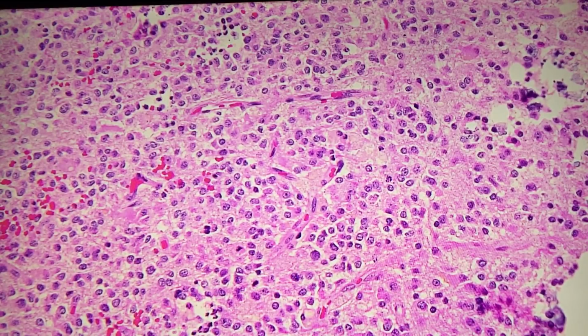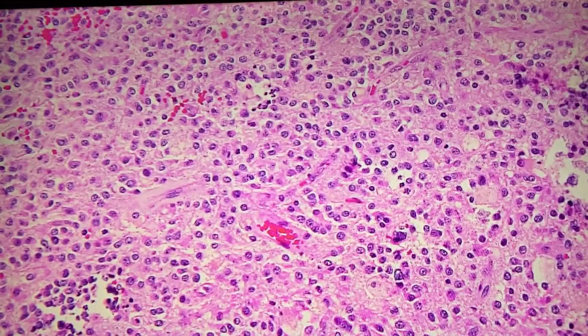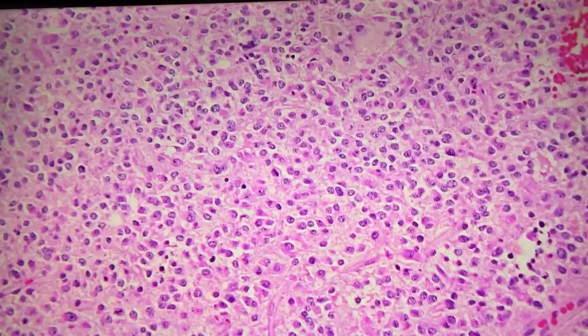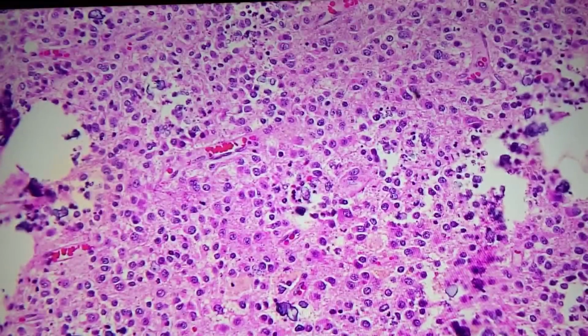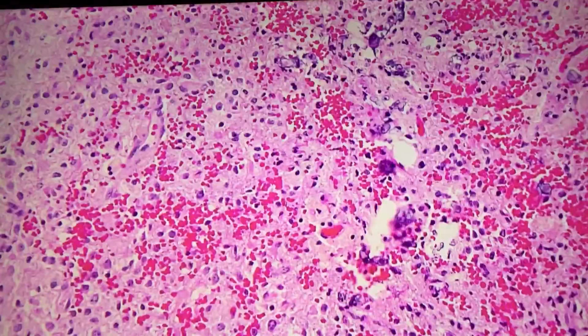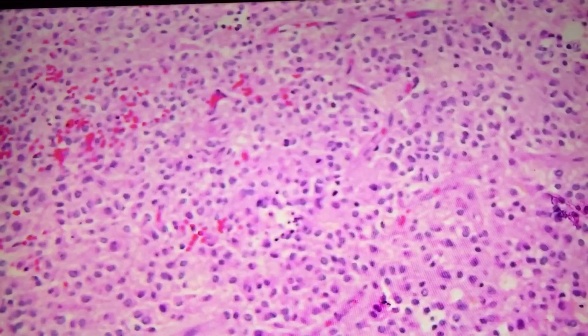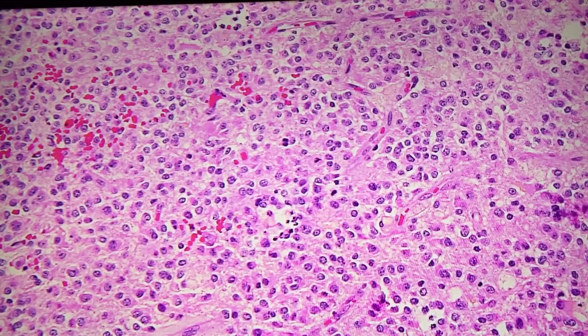And if you're not entirely sure this is oligo, I wait for the 1p19q FISH to come back. We've increased our runs of FISH, so we run it a couple times a week, and we can get it quickly if we're holding the case for it. But I would hesitate to diagnose oligo if I have a case that's IDH negative and not 1p19q co-deleted, because the morphology overlaps with a lot of other tumors.